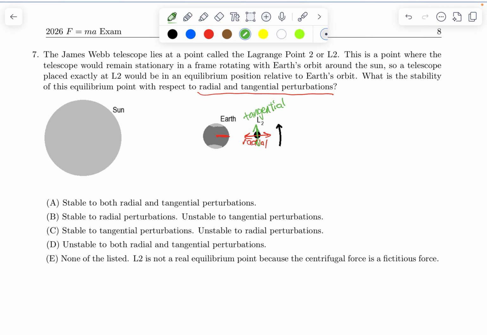So let's start by drawing a free body diagram for the satellite. This is the satellite at L2. First of all, we have a gravitational pull from Earth, so Fg from Earth. And we also have Fg from the Sun, right?